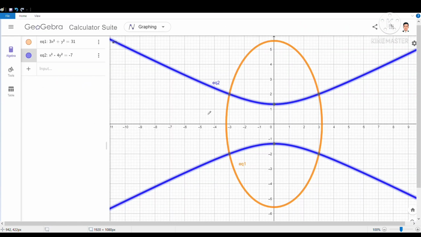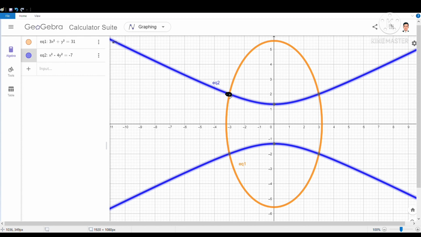Taking a look at the graph of our example, the orange equation here, which is 3x squared plus y squared is equal to 31, is represented by the orange ellipse here, and our blue equation, which is x squared minus 4y squared is equal to negative 7, is represented by the blue hyperbola. We can see here that we have 4 intersections.